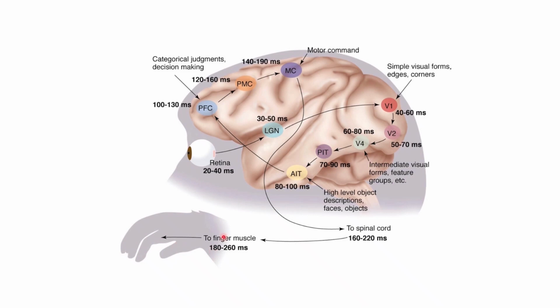At each of these stages, different levels of processing are happening. So the retina is basically processing the pixel level image. The visual cortex is identifying simple shapes in these images. And then in the prefrontal cortex, decisions are being made whether one should reach towards the object or one should move away from the object, and so on.